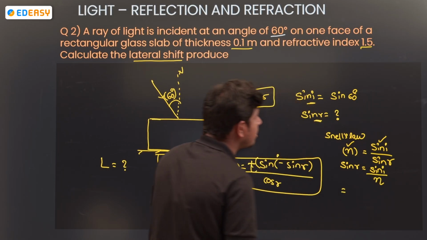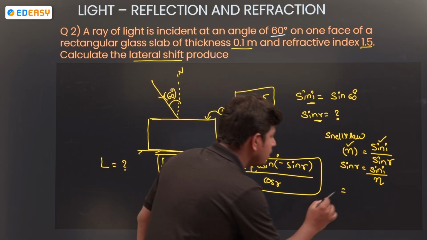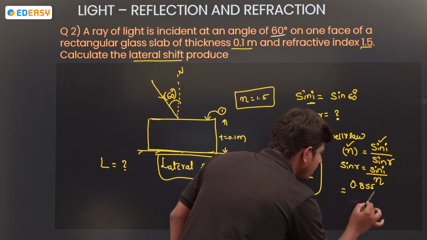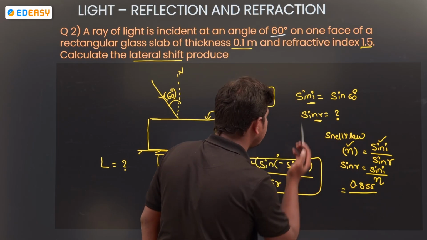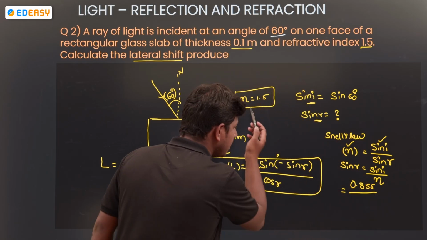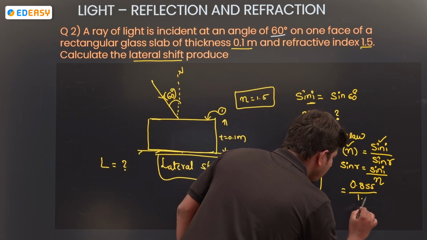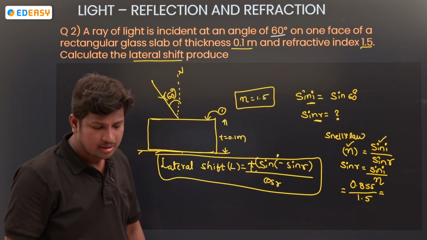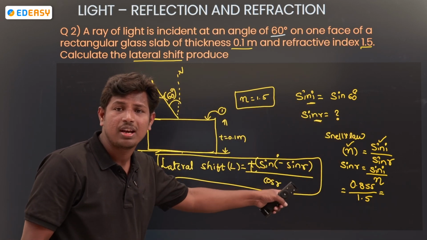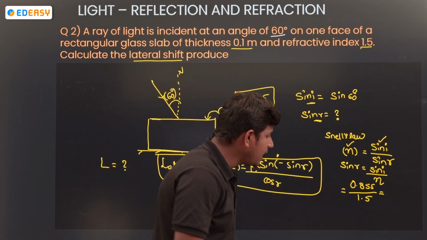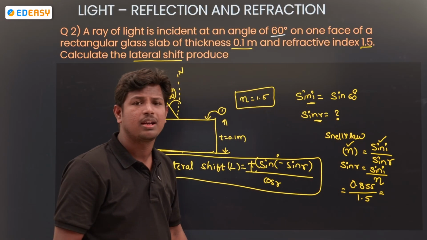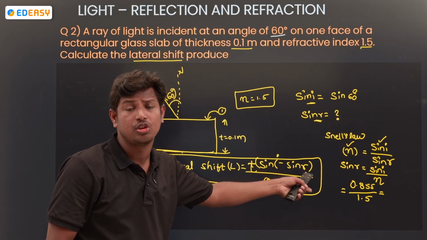So the sin 60 value is 0.85, and the refractive index given is 1.5. So calculating 0.85 by 1.5, approximately 0.57 will come.